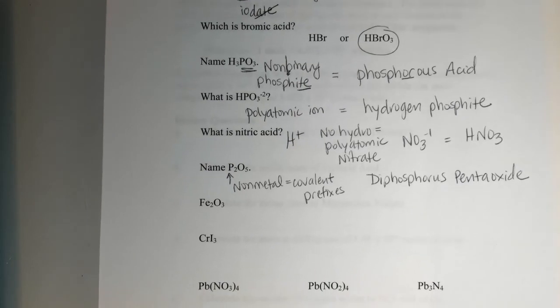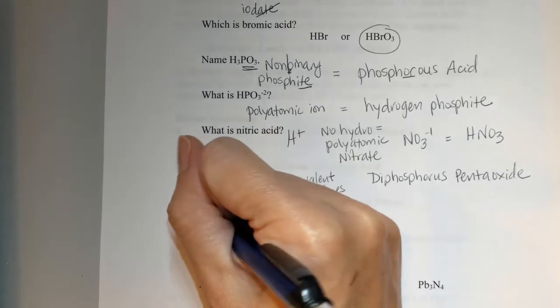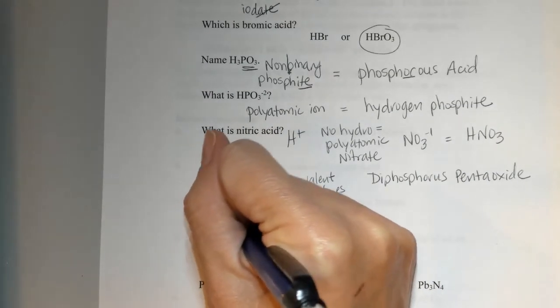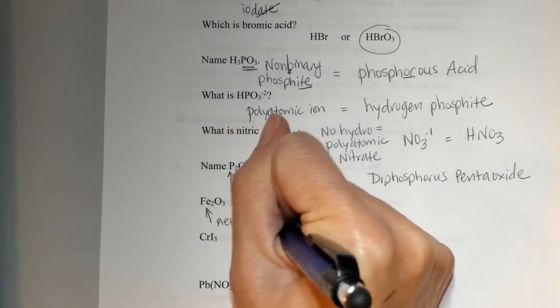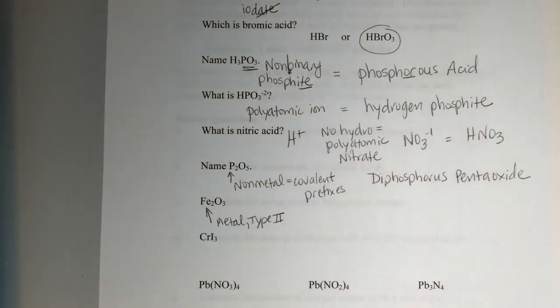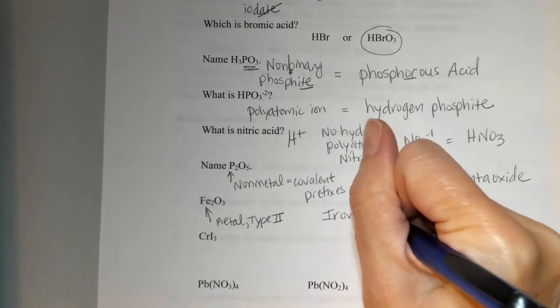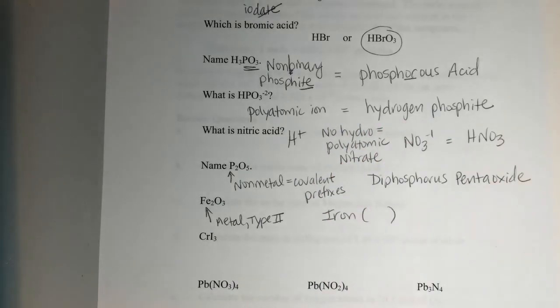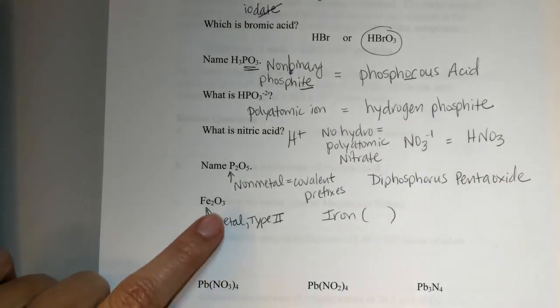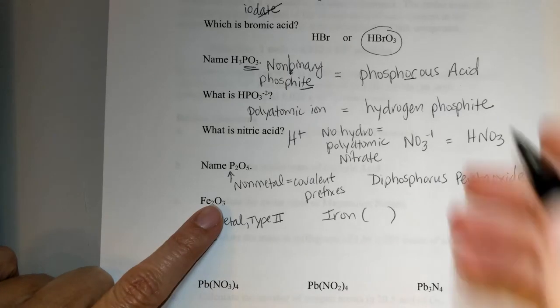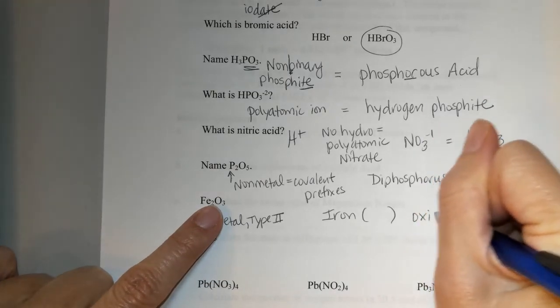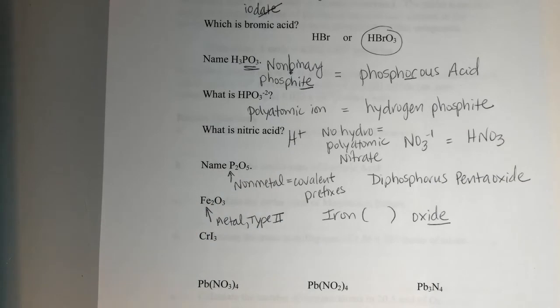All right, Fe2O3. We know iron is a metal, but it is a type 2 metal, which means we're going to need a Roman numeral. So we're going to say iron for now, put parentheses, and come back for the Roman numeral. Because this is a binary compound, it's going to end in IDE, so oxygen becomes oxide.